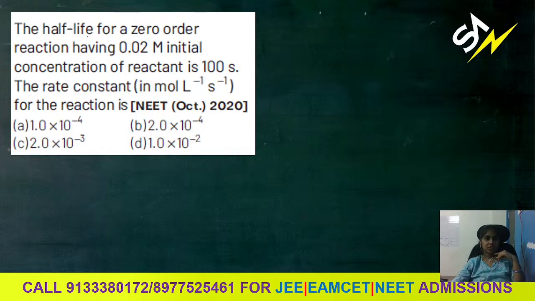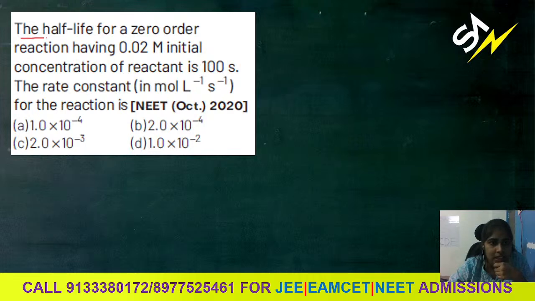What is given in the question? The half-life of a zero order reaction having 0.02 molar initial concentration of the reactant is 100 seconds. The rate constant in mole liter inverse second inverse for the reaction is. So understand the question.